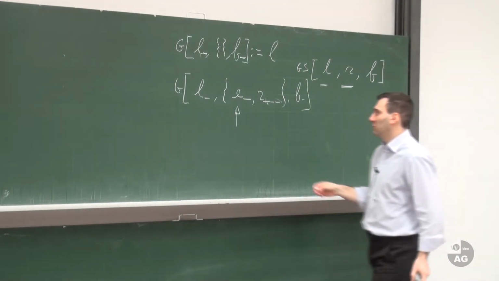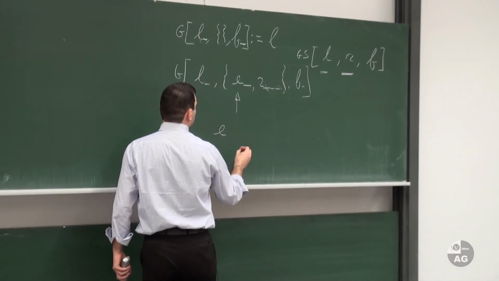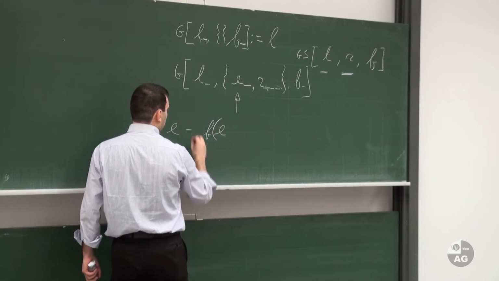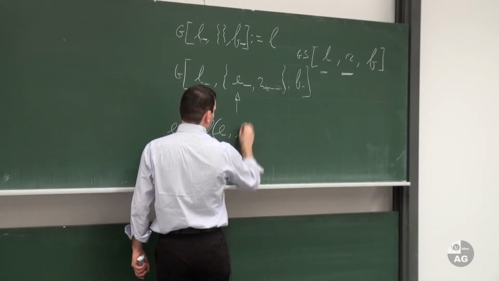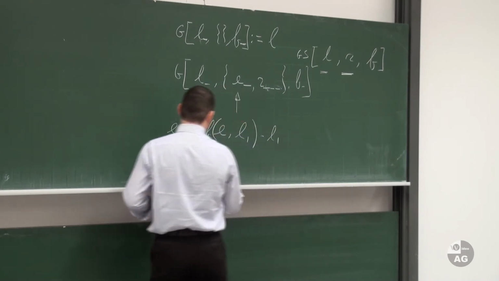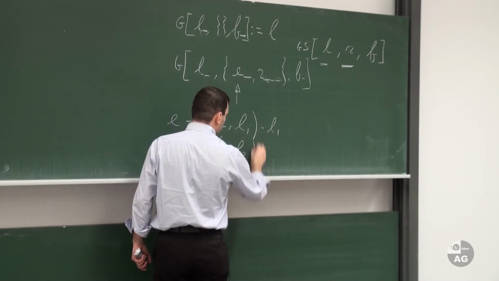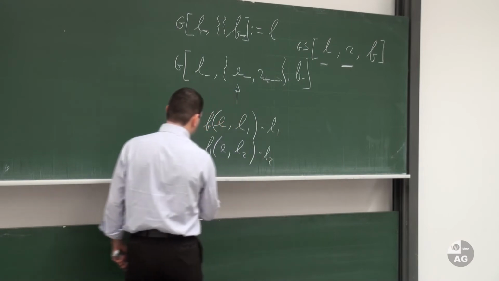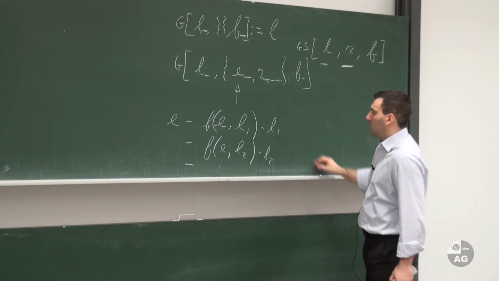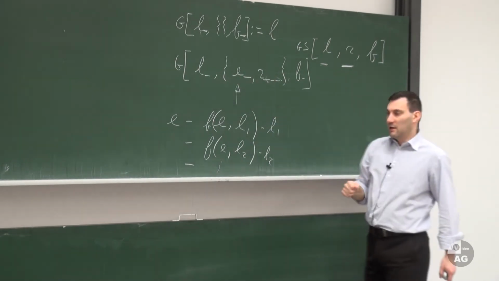So I need to do something like e minus f of e comma L1 times L1, then minus f of e, L2, and so on, where L1 is the first entry of L, L2 is the second entry of L, and so on.